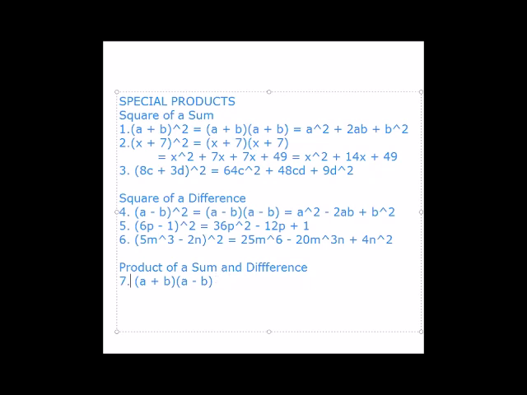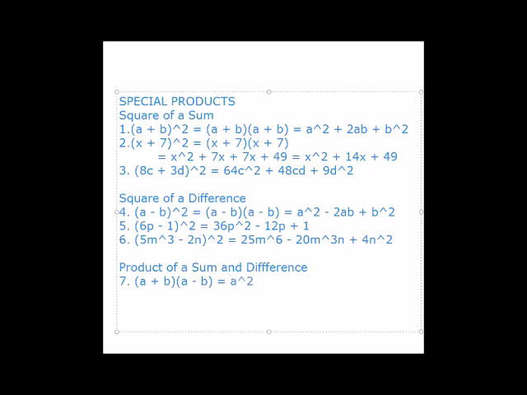Now, if we have a plus b times a minus b, anyone please answer? How much is it? Anyone can just share. A plus b times a minus b. L, a plus b times a minus b. Any method you wish to use? A squared, ma'am. Okay, let us see.